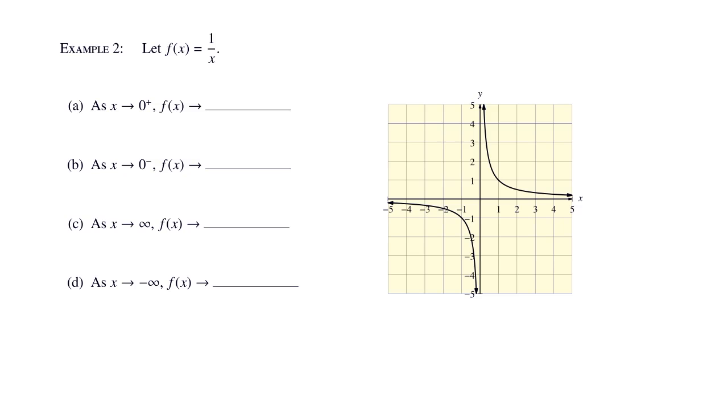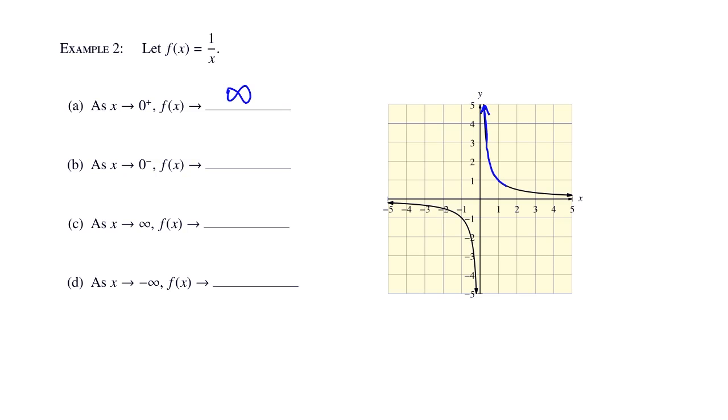So if I sort of trace out the graph when x is approaching 0 from the right side, you can see the behavior of the y values. The y values are increasing, and there's an arrow, so they never stop. So the f of x values are approaching infinity.